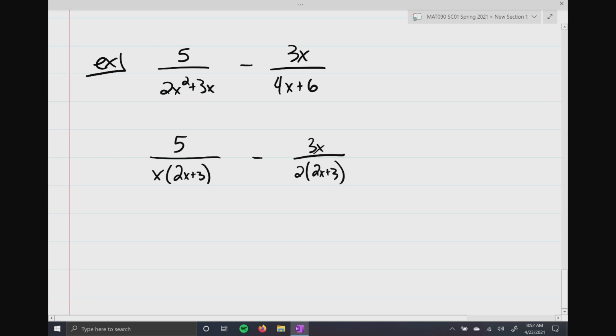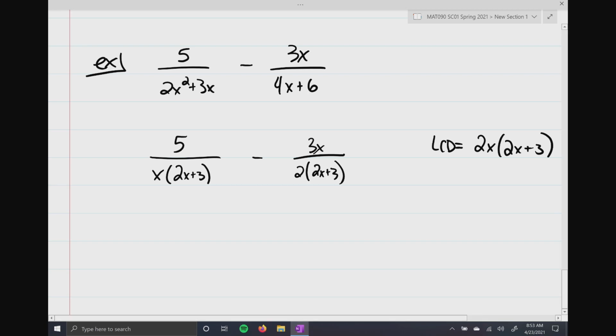So now that I know those are my factored forms, off to the right, I can find my LCD. The LCD is going to be the product of unique factors raised to a respective exponent. So my product of unique factors is going to be 2 times x times 2x plus 3.